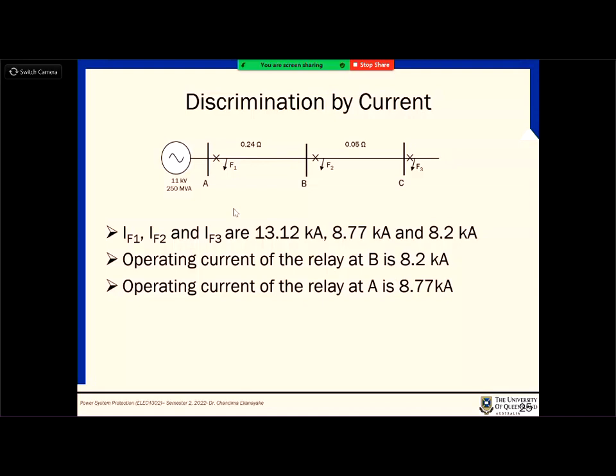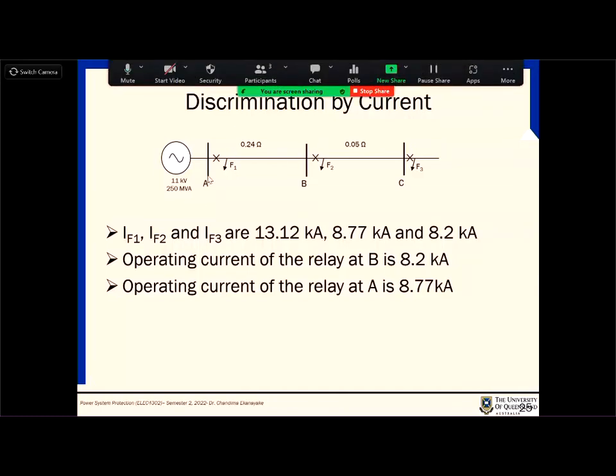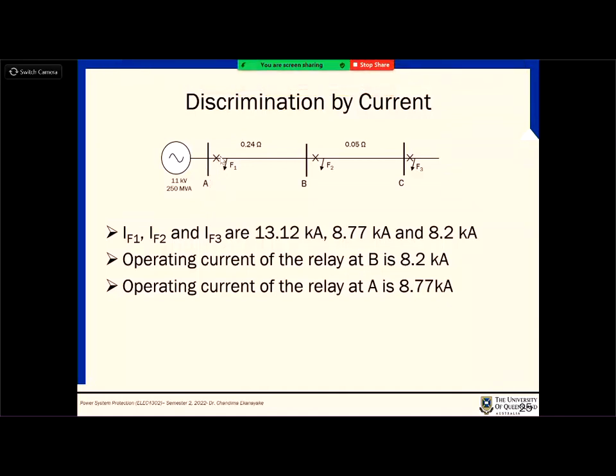So we set the relay at A with an operating current of about 8.77 kiloamps, right? Relay at B, the operating current is 8.2 kiloamps.